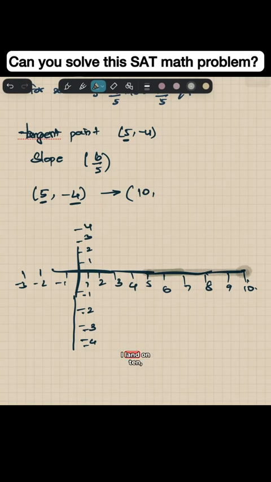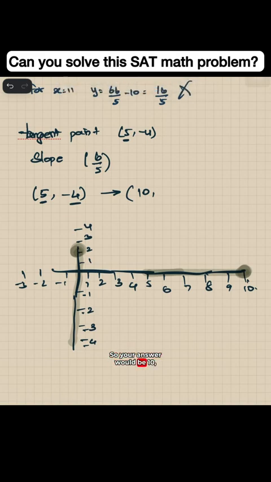I land on 10, so my x would be 10. And then from negative 4, I move up 6: 1, 2, 3, 4, 5, 6. So your answer would be 10 comma 2. So that's the shortcut we talked about.